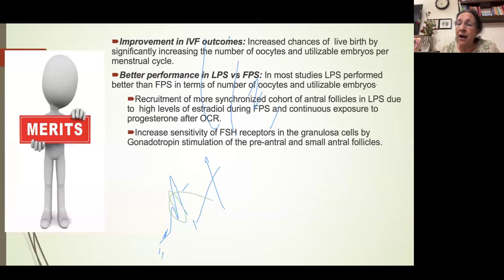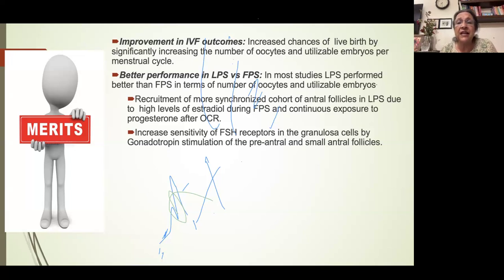And hence, when we start stimulating in the luteal phase, these small follicles, which have already converted from pre-antral to antral follicles, start growing in the luteal phase. So even if we don't see small follicles while doing aspiration, it doesn't matter, because this prolonged exposure to high estrogen levels and gonadotropin helps a new cohort of pre-antral follicles convert into antral.